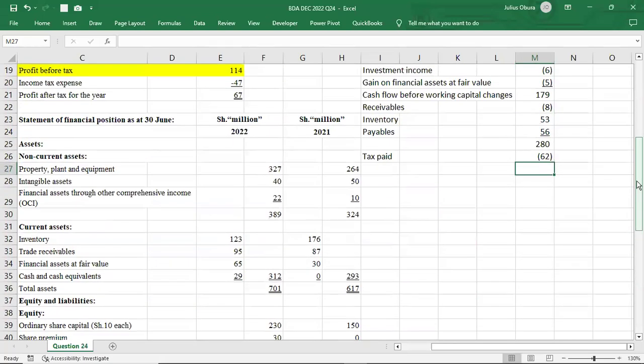So we get our total cash from operations.